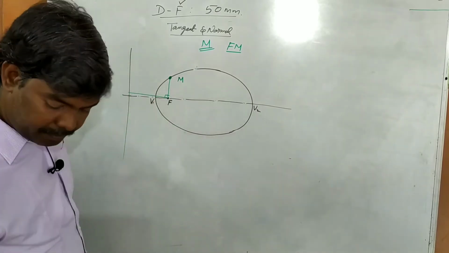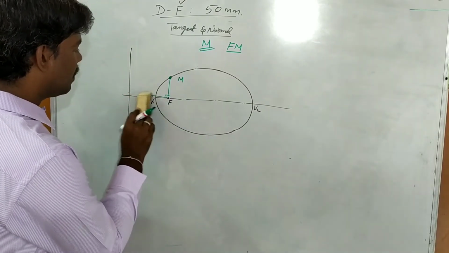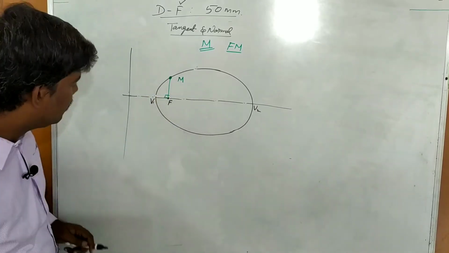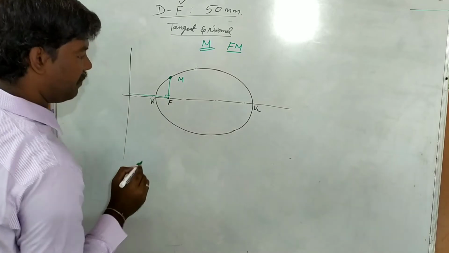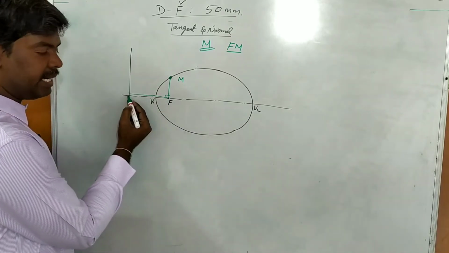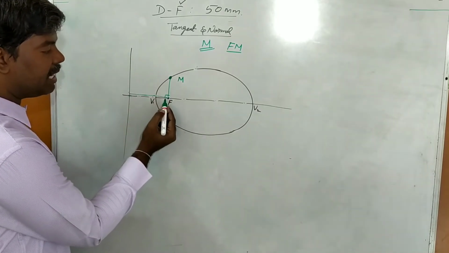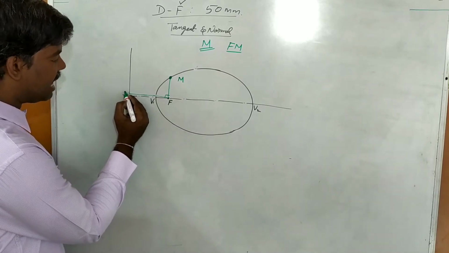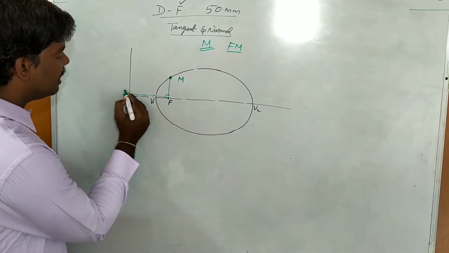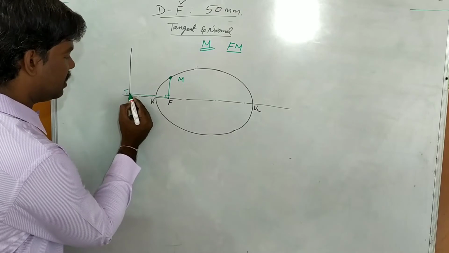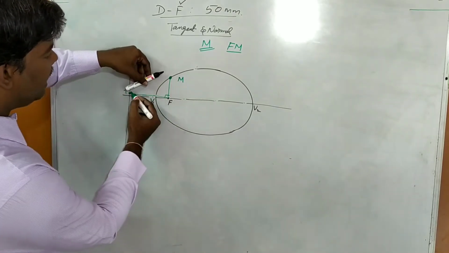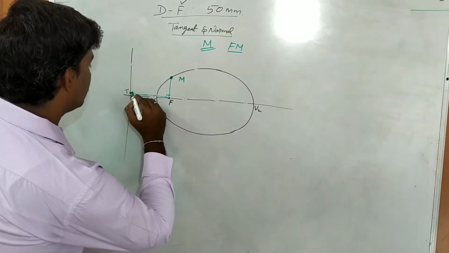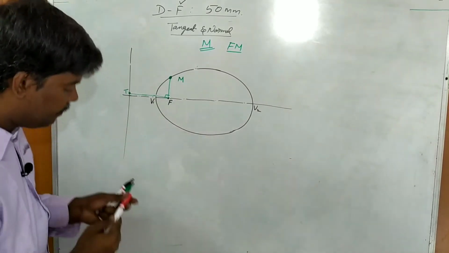Then we go for the perpendicular line from F, okay, up to that directrix. That perpendicular line of FM, where it is intersecting on the directrix, that is considered as letter T, where the tangent starts. Then you join T and M.